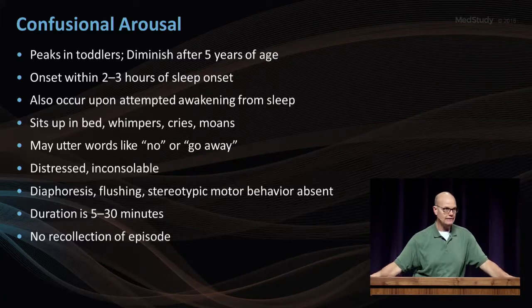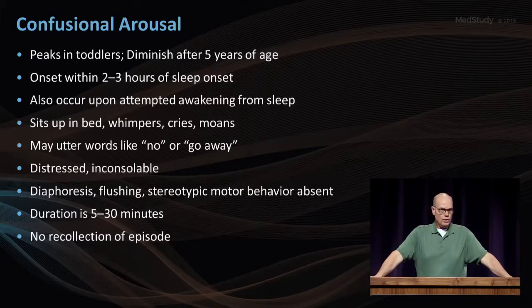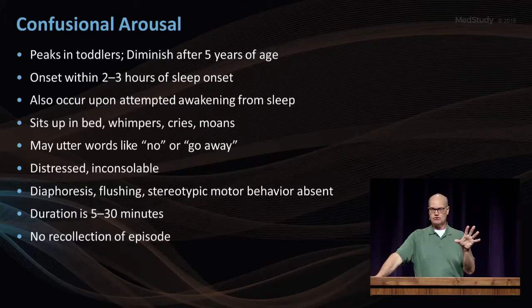You just can't do anything about it. Again, very worrisome to parents. So a confusional arousal is essentially a quote-unquote night terror at the wrong age, otherwise very similar to one another. The treatment for all of these, again, is reassurance as long as the family situation appears to be stable.